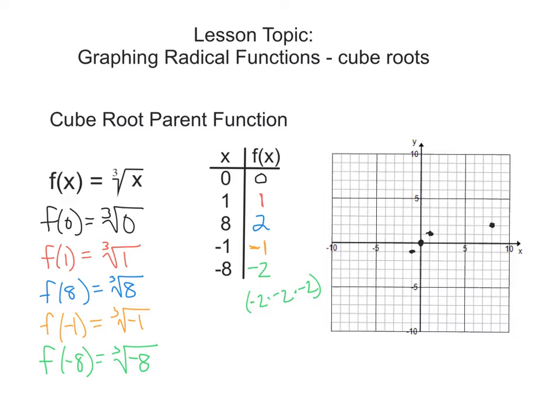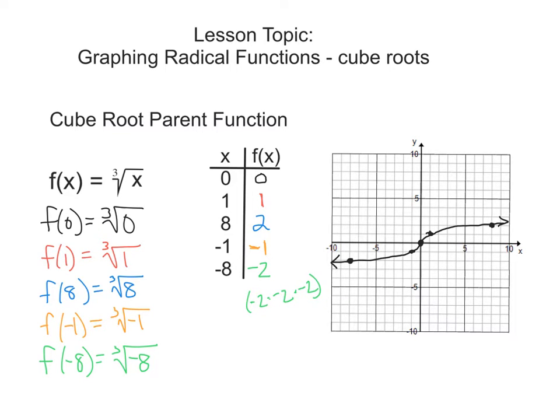And negative 8, negative 2 is here. So what we have is, again, what looks like a half of a parabola on its side off to the right, and a half of a parabola off to the left, going down like that. That is what the parent function for a cube root function is.